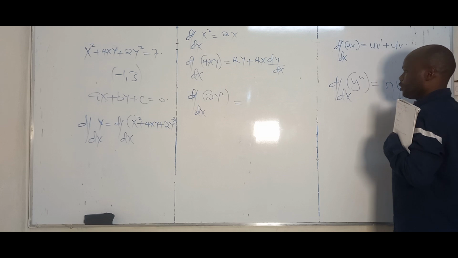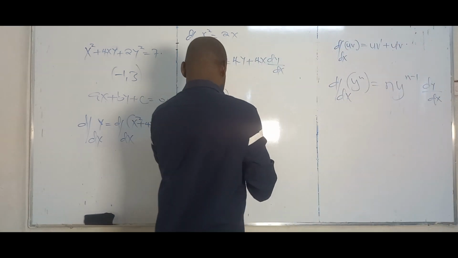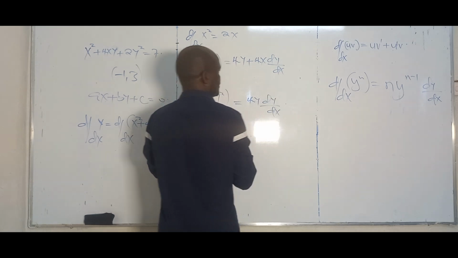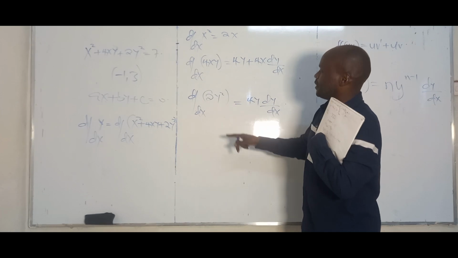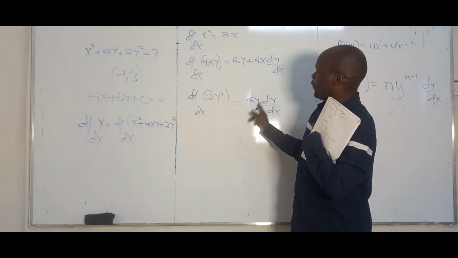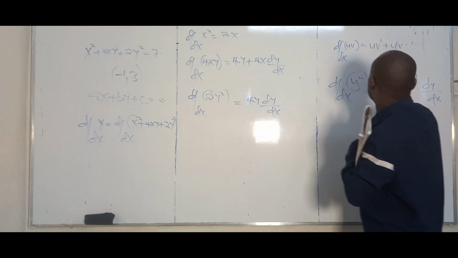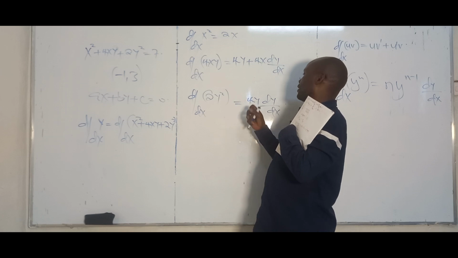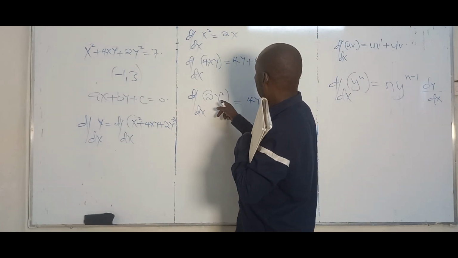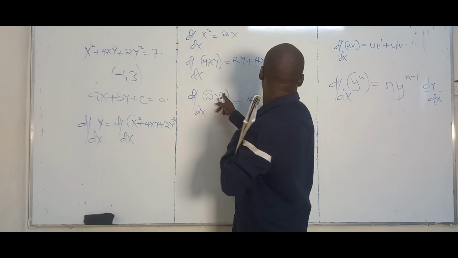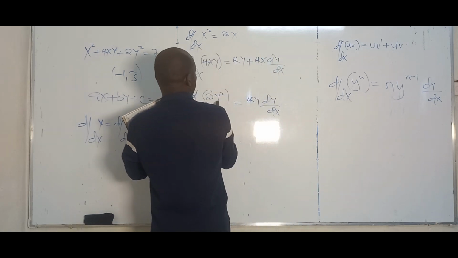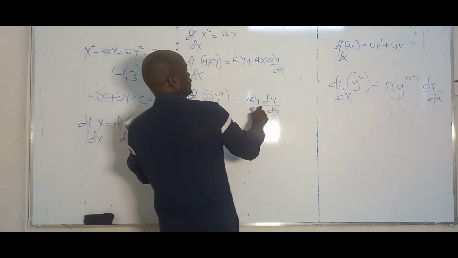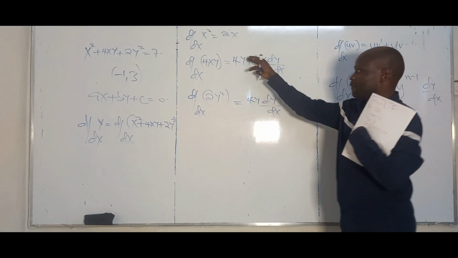So applying the chain rule, we get 4y dy/dx. We apply it by first taking 2 times 2, which is 4. Then we reduce the power by 1, so y squared becomes y. Then dy/dx, which gives us 4y dy/dx.